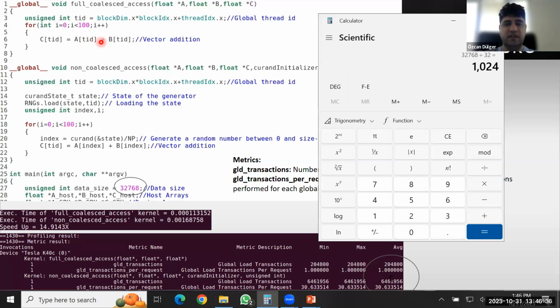So since the warp has 32 threads, we must multiply the number of warps with... sorry, I made a mistake.